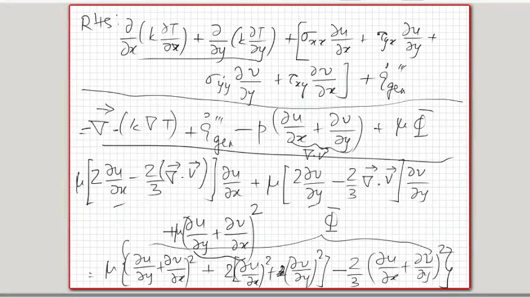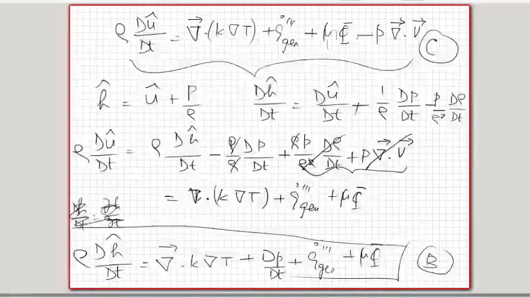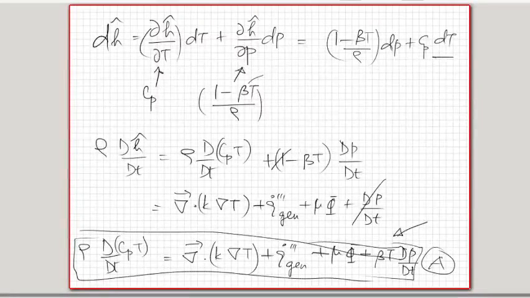Those are the things that we need to bear in mind. So these are the multiple ways of writing the energy equation.